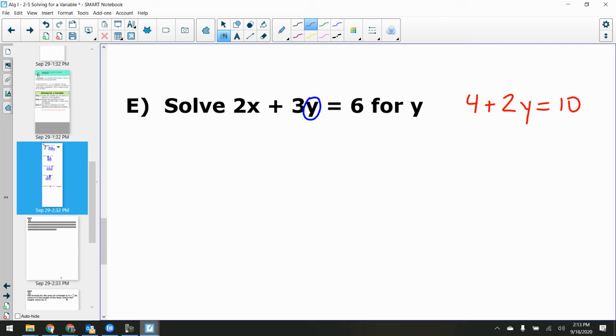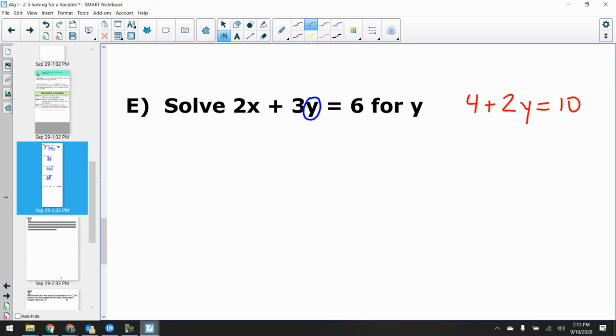What would be the first thing that you would do to solve that equation in red? Almost everybody would tell me the right answer. What would I do first? Would I even think about dividing first? No, heck no. You wouldn't want to do that because you need to do reverse order of operations. You want to undo all of your addition and subtraction first before you can work with your multiplication and division.